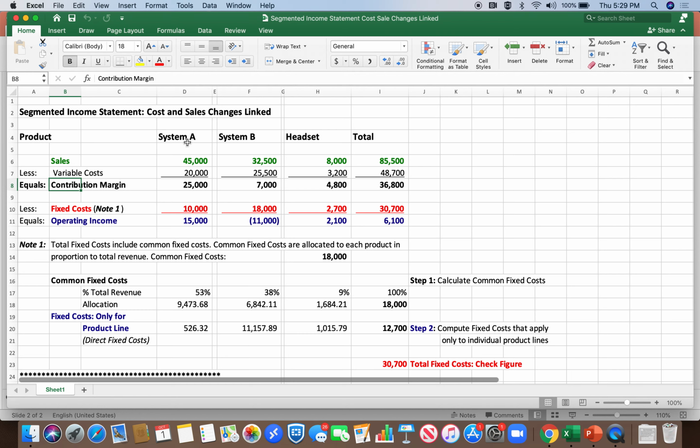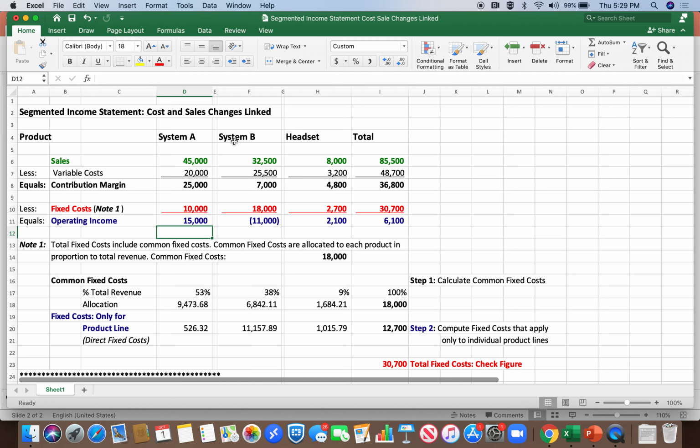So in the System A product line, if we take contribution margin less fixed costs in red, we have operating income left over. So you'll see here that each segment has different variable costs, each segment has different fixed costs, and generates different operating income.